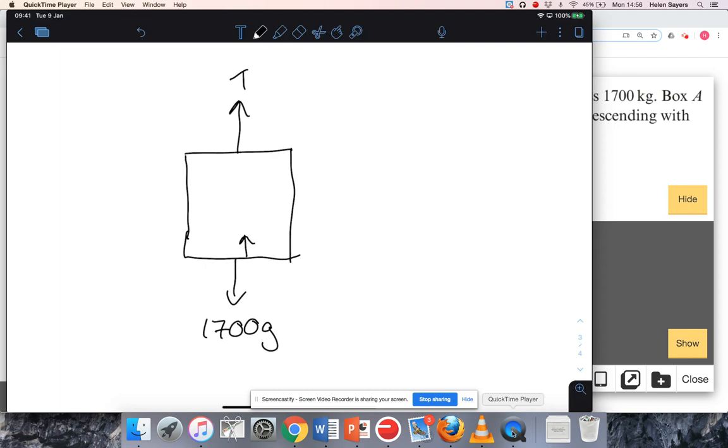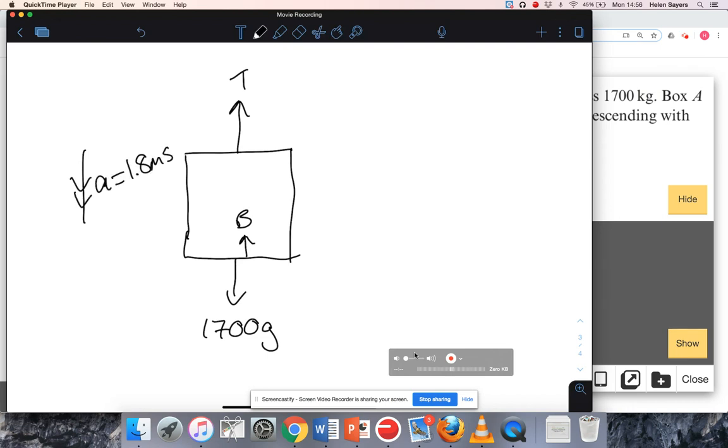So we've already used F_B, so let's just call that force B. I know the lift is accelerating down with an acceleration of 1.8 meters a second squared.